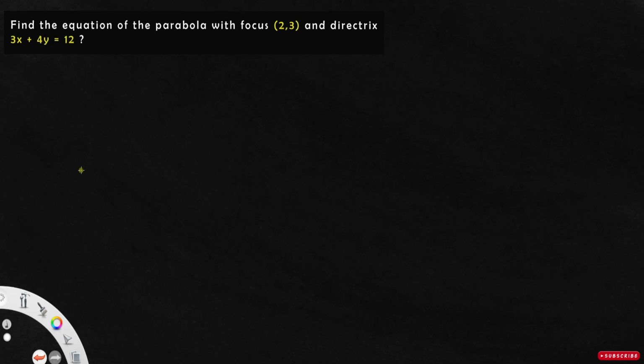Now let us take another question. Here we have the focus at (2, 3), and this time we have an equation of the line that has both coefficients for x and y. See, this is the equation of the line, that is 3x plus 4y.